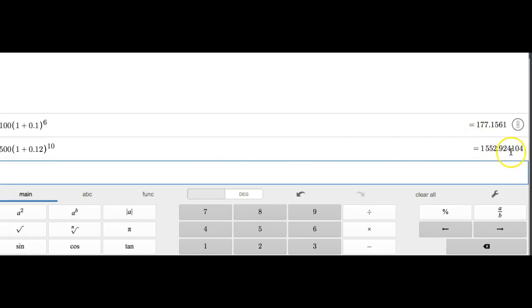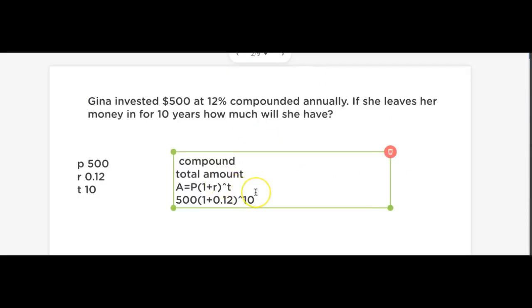This is a 4, and the 4 is going to tell that 2 to remain the same. So that's $1,552.92. So we got $1,552.92.